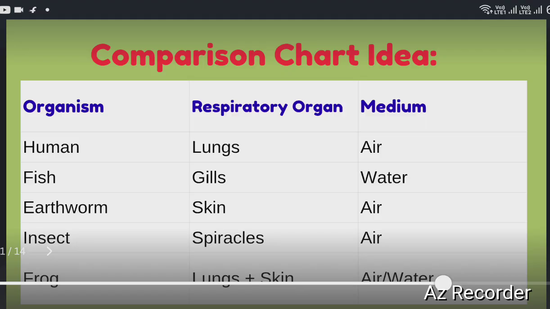For example, in humans the respiratory organ is the lungs and the medium is mainly air. In fishes, the gills are the respiratory organs and the medium is water. In earthworms, the skin acts as a respiratory organ and the medium is air. In insects, spiracles, and the medium is air. And in a frog, lungs plus skin, so both air and water media are used.